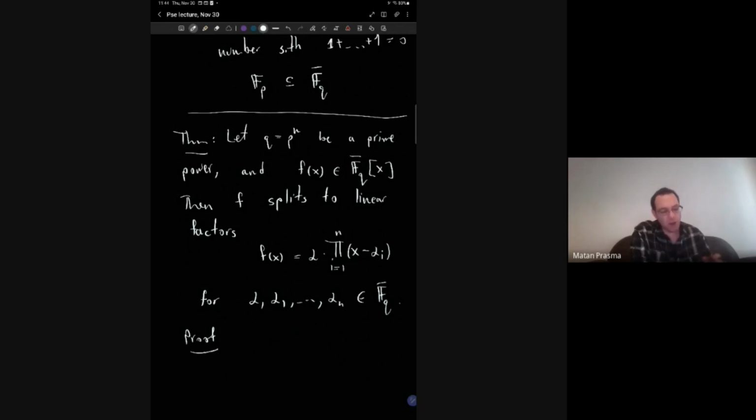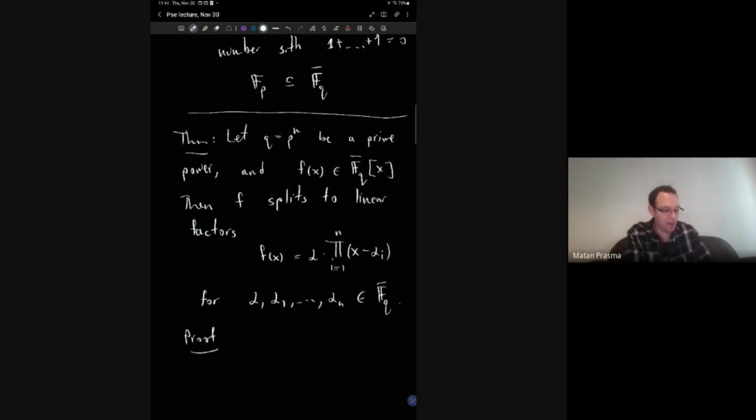Okay, so how do I prove it? The line of argument that we use in the algebraic closure is that we move to a finite setup if we can.